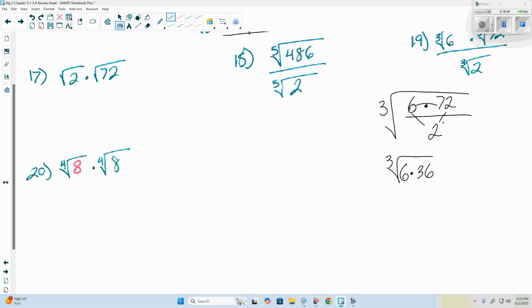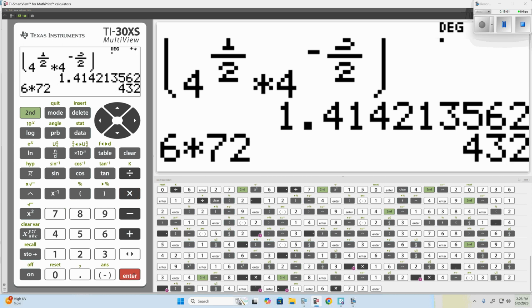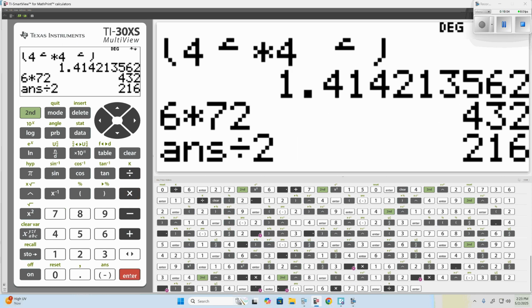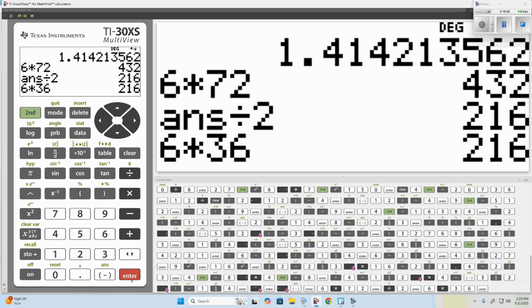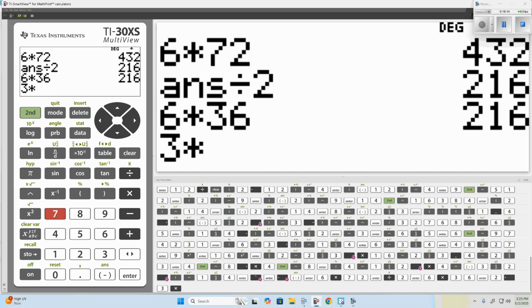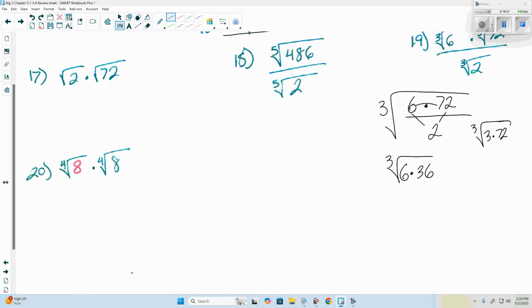Because 6 divided by 2 would be 3 times 72. Because 6 times 72 is this, divided by 2 would be 216, which is 6 times 36, or 3 times 72. Does that make sense? Yeah, we pick one or the other. We can't do both.